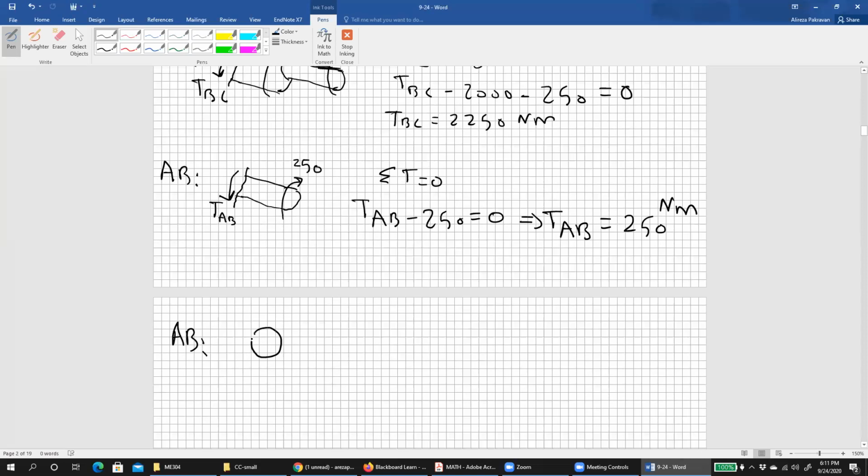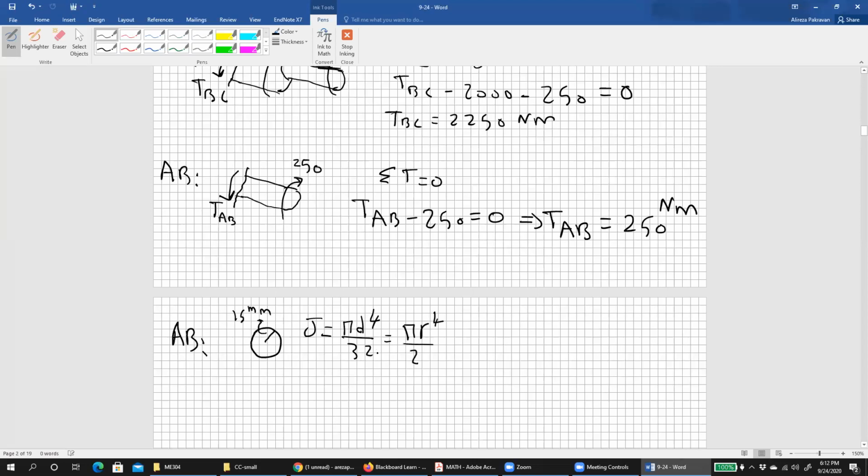The cross section looks like this, right? What is the radius? It is 15, right? J would be pi D to the 4 over 32, or pi R to the 4 over 2, right?